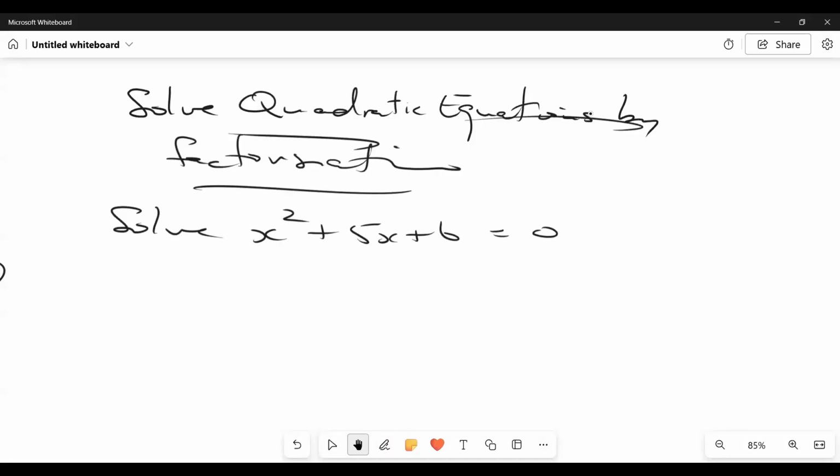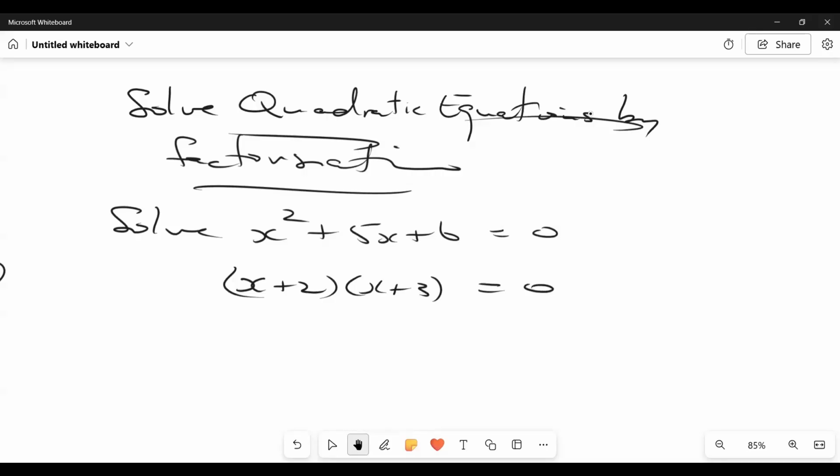And that's something that is necessary. Your quadratic equation must be equal to 0, or else the method I'm going to show you doesn't work. So you have to make the equation equal to 0. Good. So when we factorize, I'm going to skip the step as to how we factorize. When you factorize this, you get x plus 2 times x plus 3 equals 0.